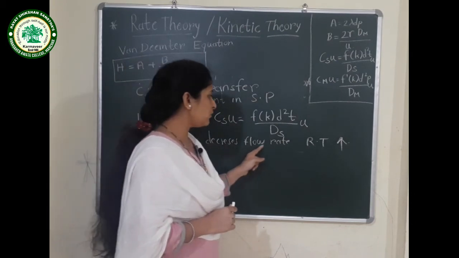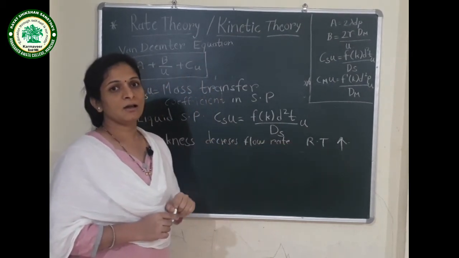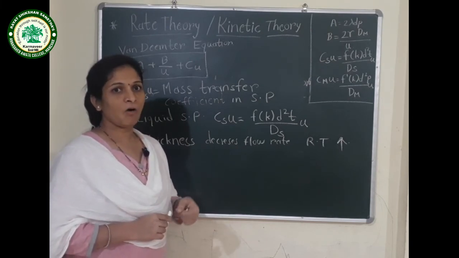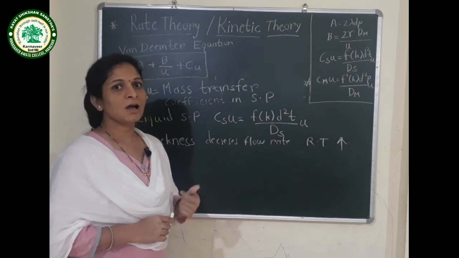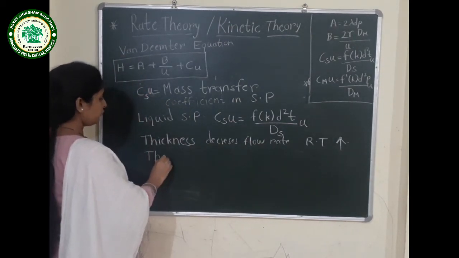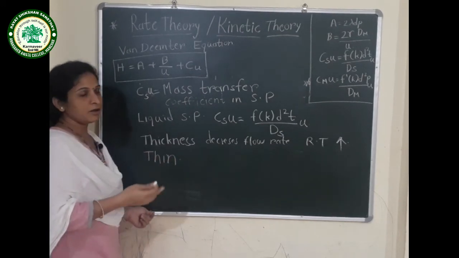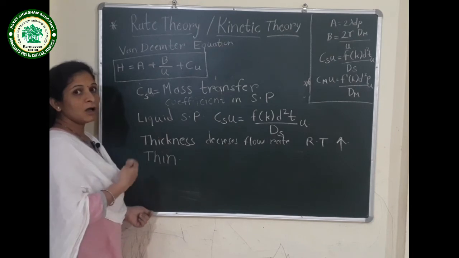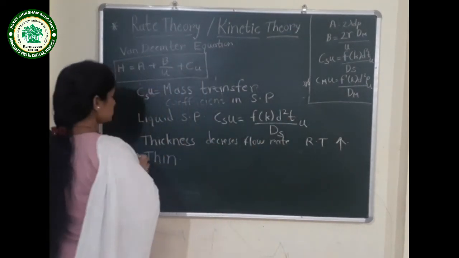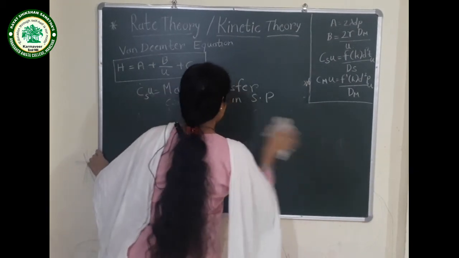Therefore, flow rate will decrease and retention time will increase, meaning a large time will be required for elution of this component. Therefore, we have to use the thin film. Okay, a thin film gives the best result in case of the liquid stationary phase. Now when we use a solid stationary phase, then what happens?